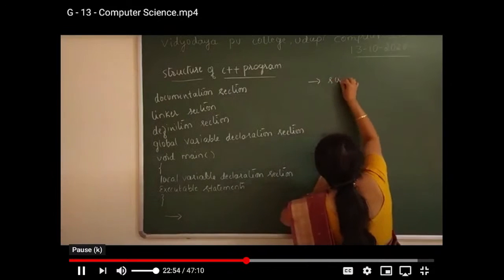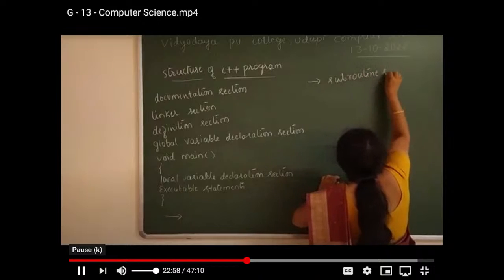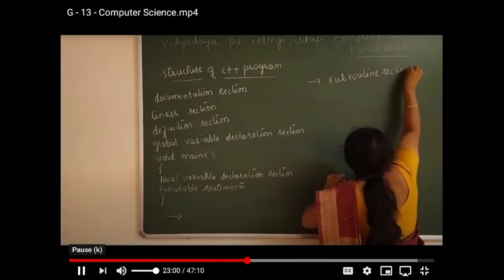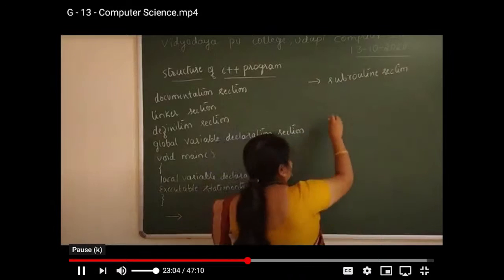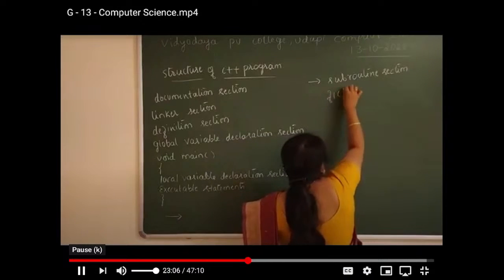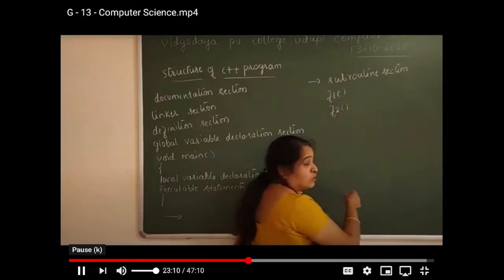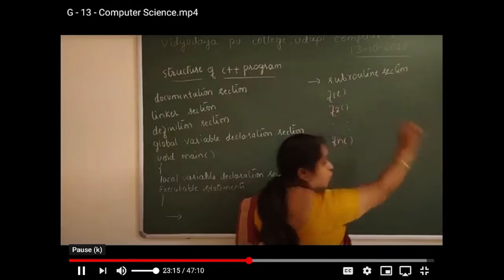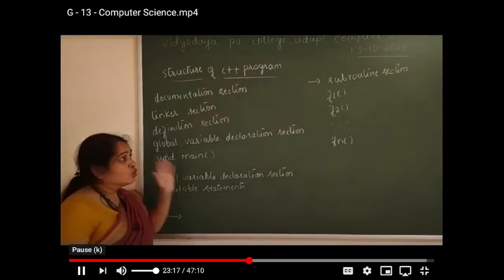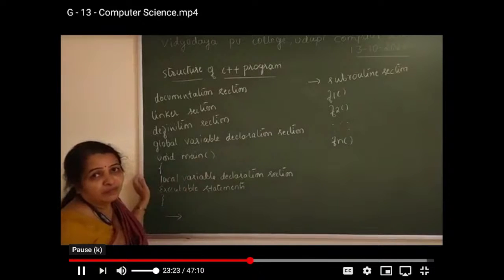There comes the subroutine section. Then F1 open and close parenthesis, F2 open and close parenthesis, some dots, Fn open and close parenthesis. So this is the structure of a C++ program.